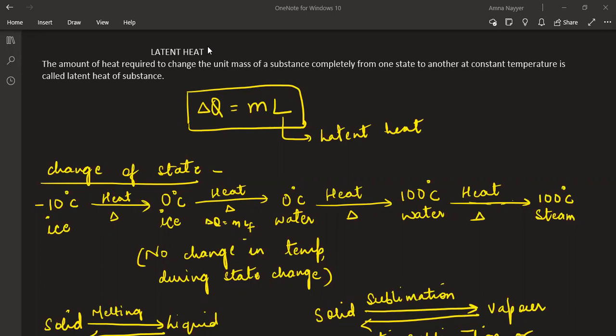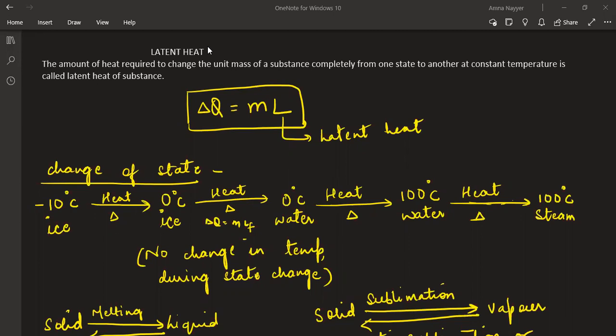It will be confusing because in both cases you are getting heat. So how to identify? Remember this way only. For temperature change, you will use delta Q is equal to MC delta T, specific heat capacity. And when it is change in state, you will directly use ML, mass into latent heat.